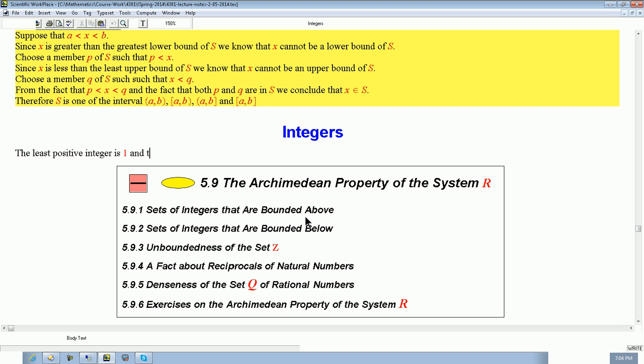And the sum and difference of any two integers is always an integer. If you add or subtract a couple of integers, you always get an integer.